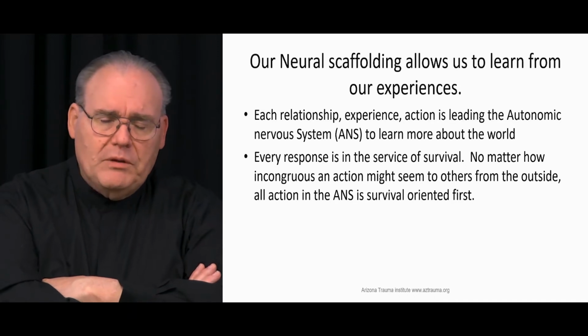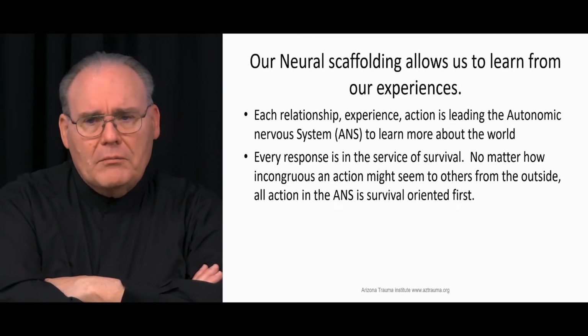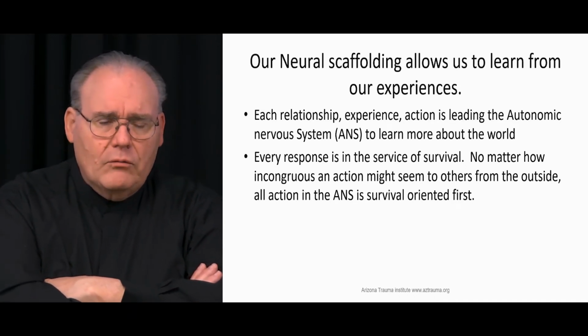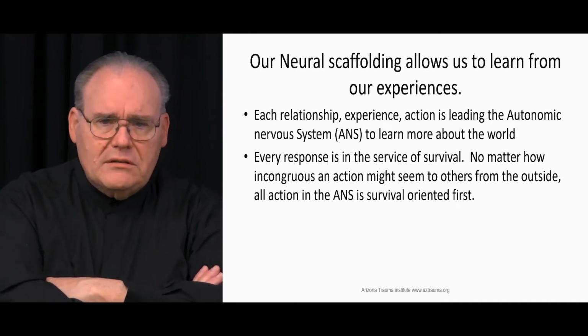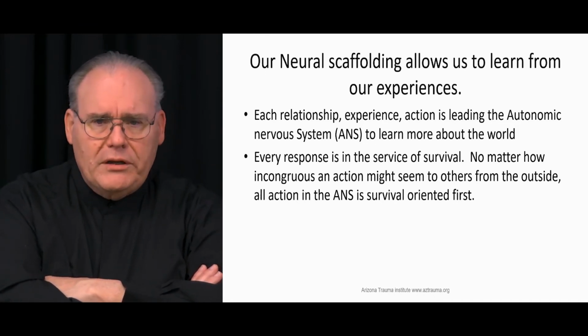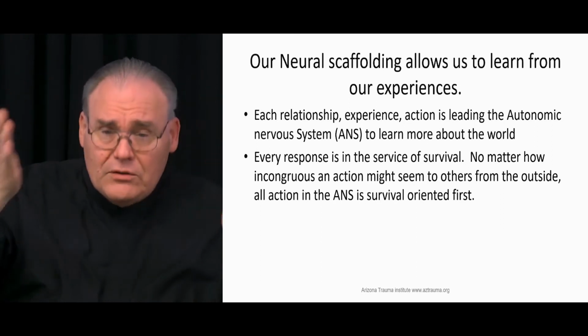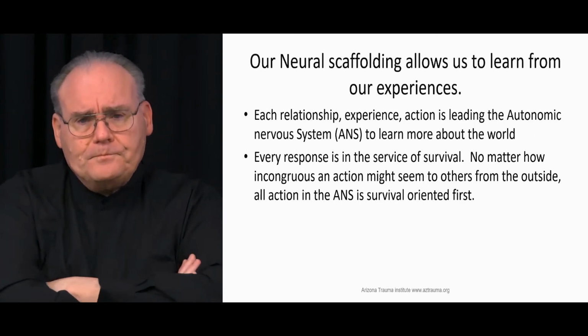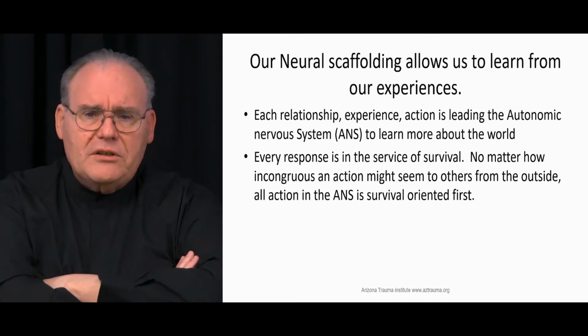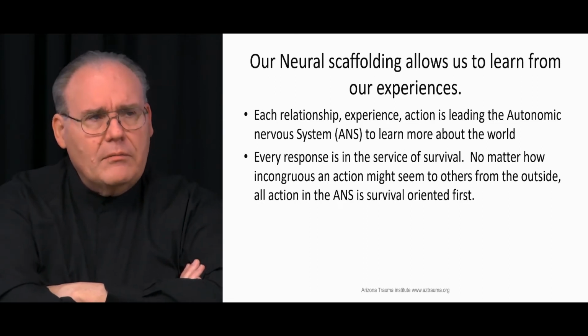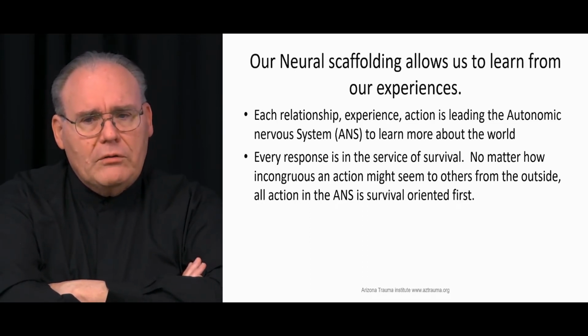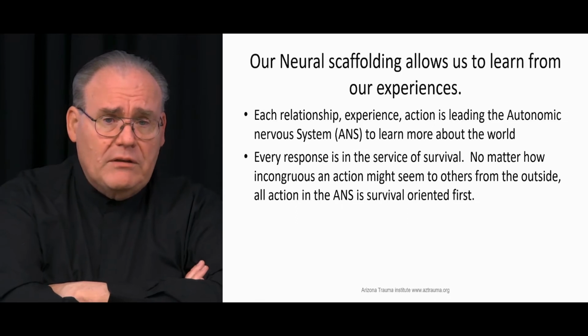And when you're dealing with behavior or thinking or emoting from people, and often it looks so incongruous, you're kind of like, my gosh, that's so weird. What's going on with that person? And you don't perceive the action from their point of view. You perceive it from an outsider's point of view.